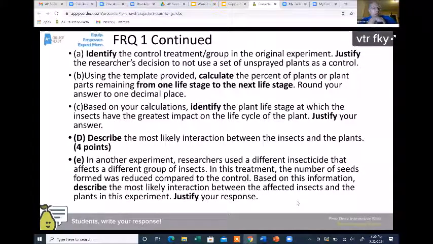One thing I want you to be real careful on, though, they want you to be really exact. Were the plants sprayed with insecticide also sprayed with water? Were the plants in the experimental group, the group that was sprayed with insecticide, did they also get sprayed with water? Yes or no? Somebody help me out.